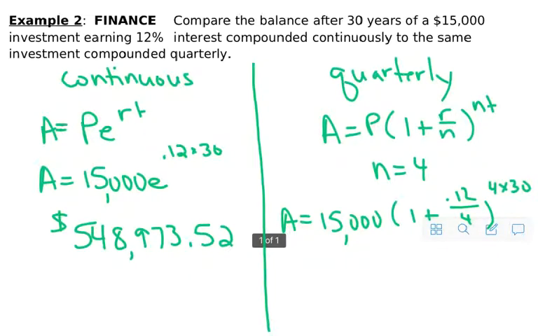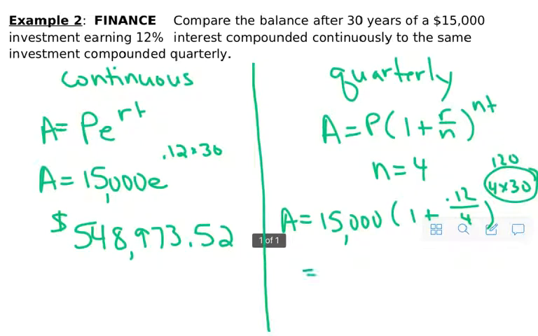When I plug this in my calculator, I'm just going to change that to 120 and not put in 4 times 30. It is better when using this compounding interest equation if you multiply n and t together before you put it in your calculator, because if you don't, a lot of times people think the calculator knows what it's talking about and they end up with an incorrect answer.